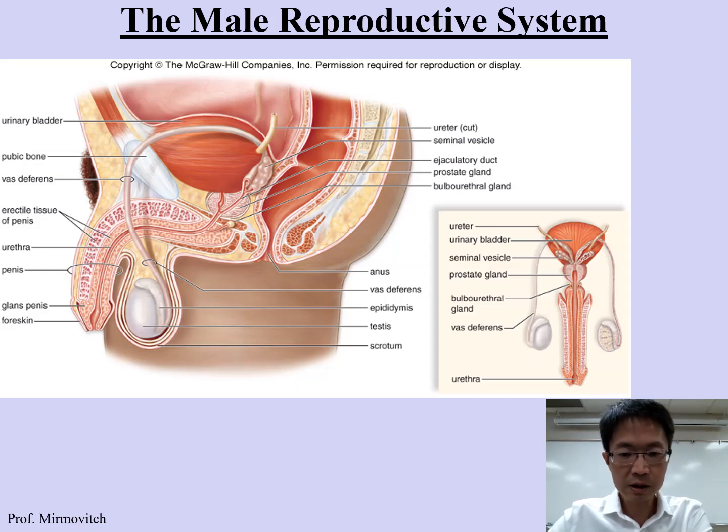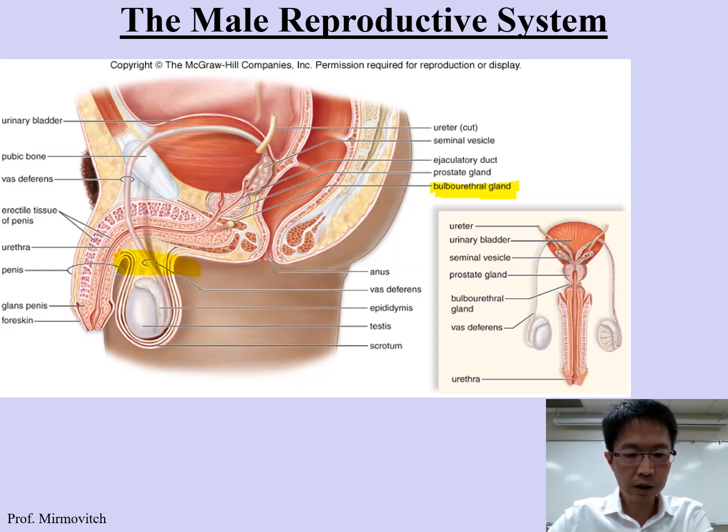See, it has the bulbourethral gland here. So the textbook picture has more labels. Your anatomy class should have more labels, especially around this part.